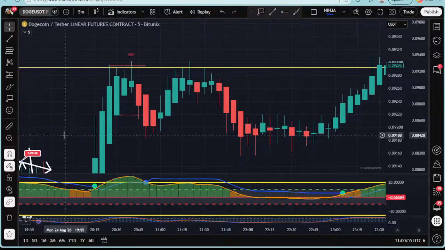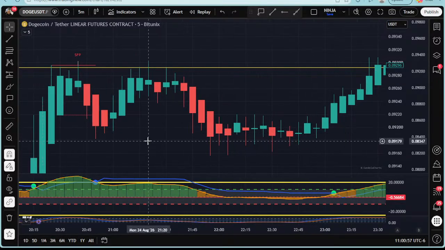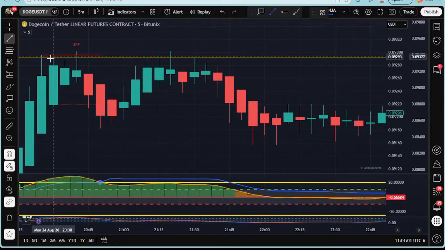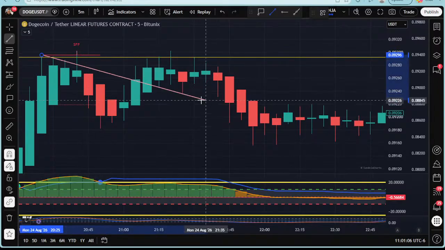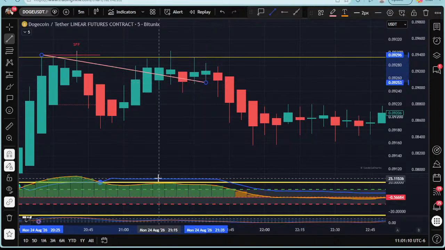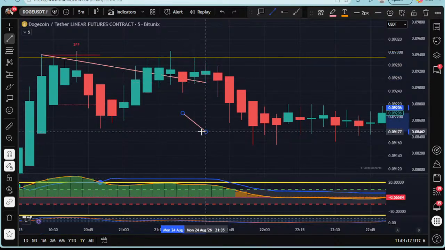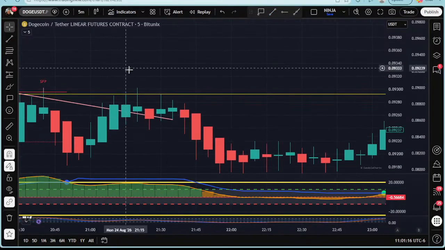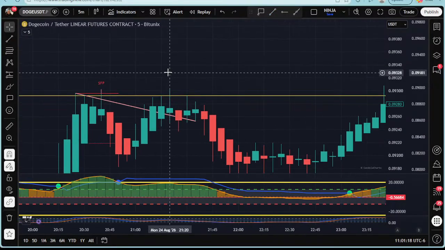Once there's a big move that happens, the ideal is that you make a trend line from the green candles that are happening right here.